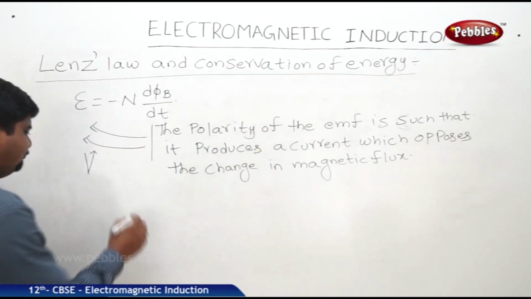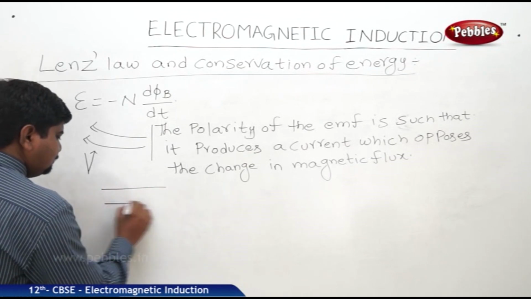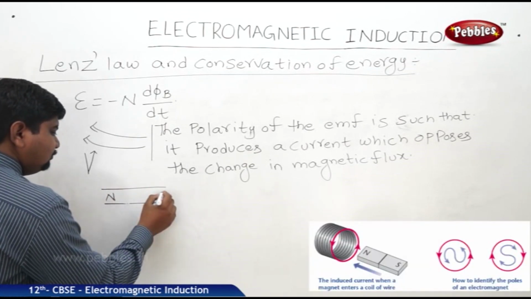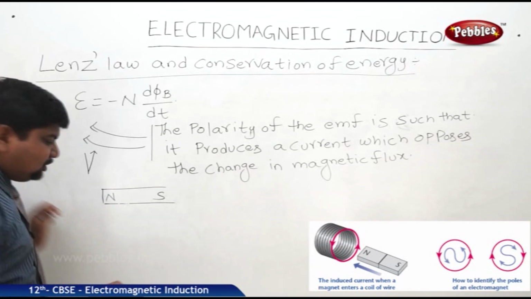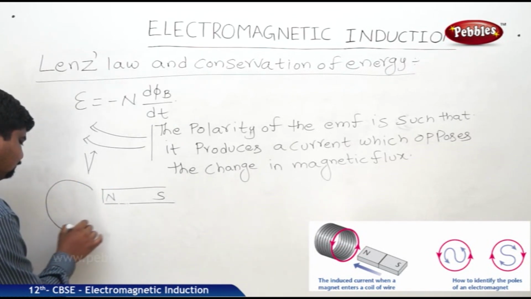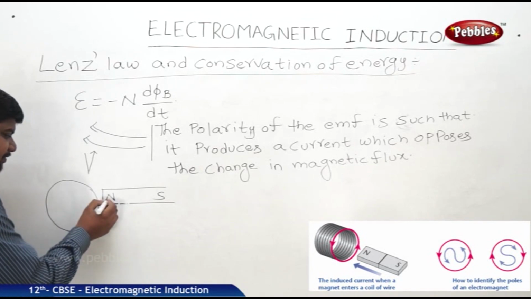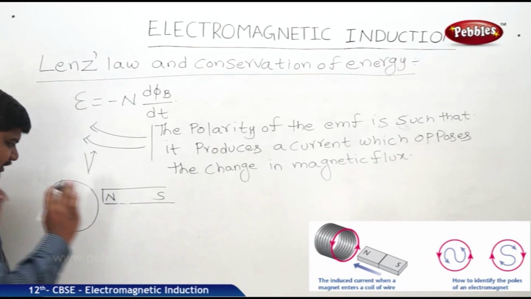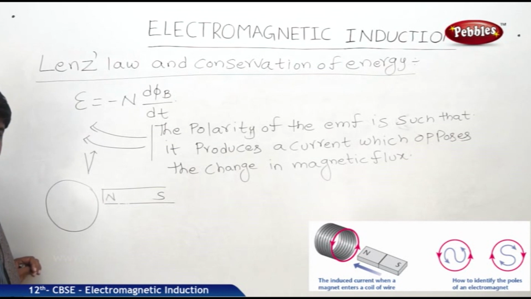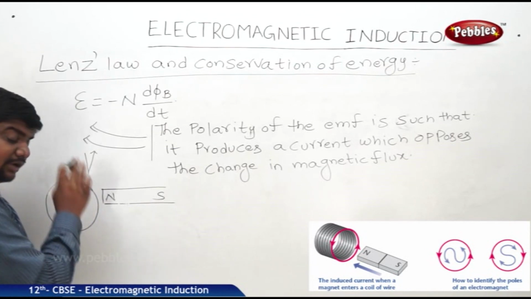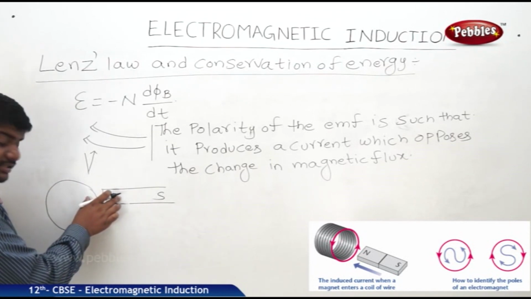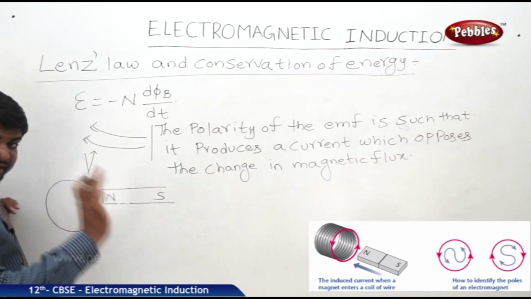That means whenever a north pole is approaching towards the coil, this coil will become magnetized and act as a north pole. So this coil becomes a north pole, and when a north pole is placed near to it, a force of repulsion takes place.